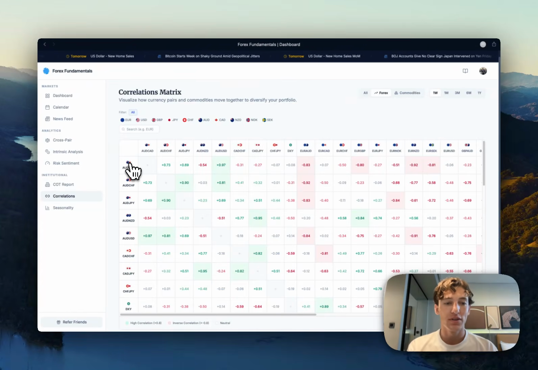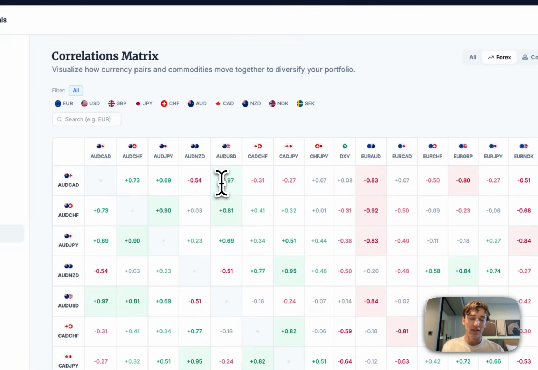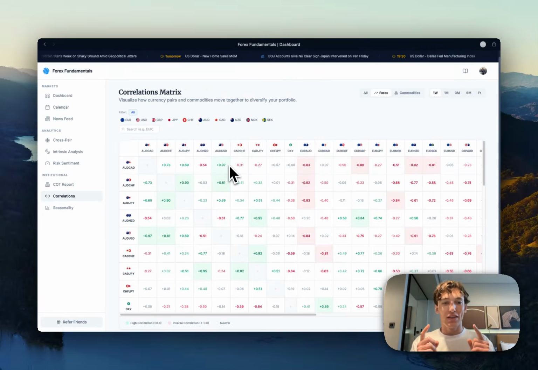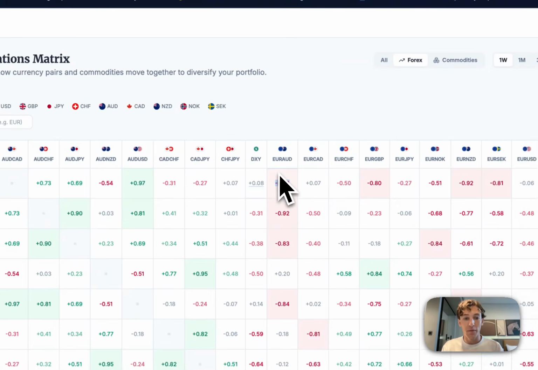Well, what happens is, if I take AUD CAD longs, AUD USD has a super high correlation. That means if I go long on both instruments, they will move very similar to each other. So if one goes down, it's very likely that the other one goes down as well. So very correlated. The same with Euro AUD.